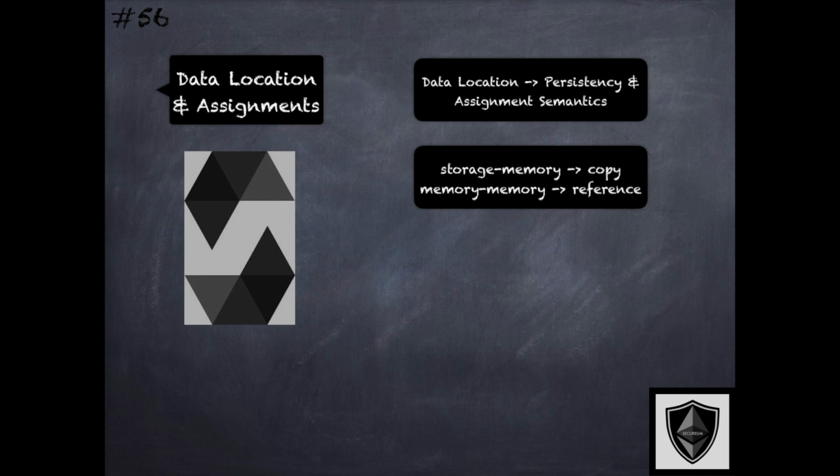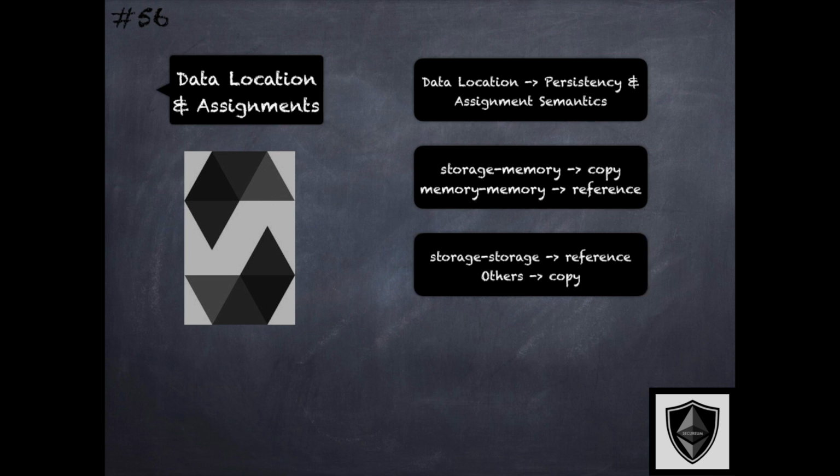So in Solidity, storage to memory assignments always create an independent copy. Memory to memory assignments only create references. Similarly, storage to storage assignments create only a reference, and all other variants create a copy.